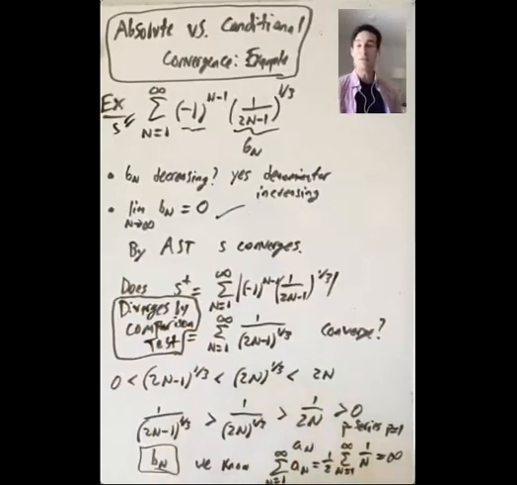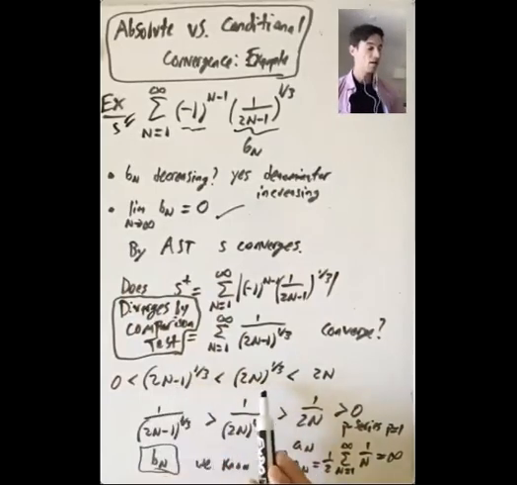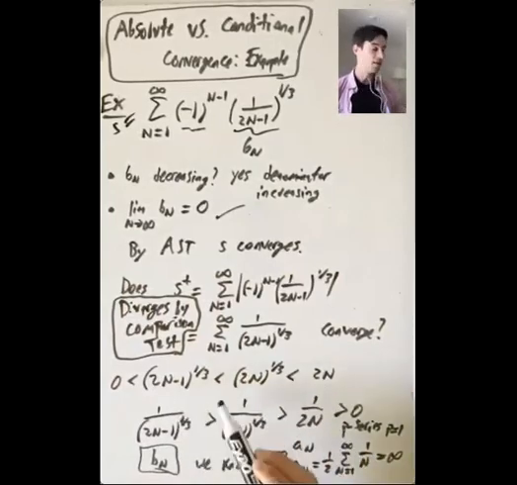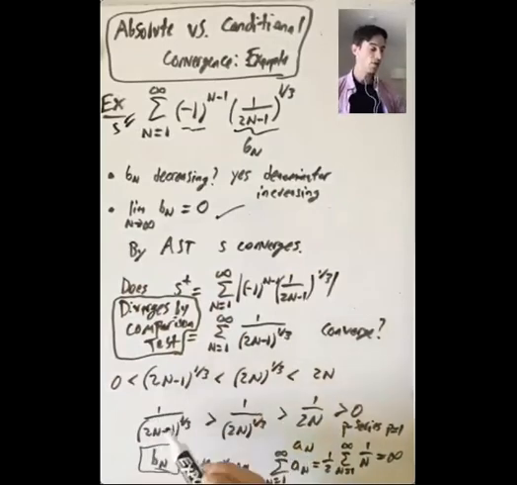I said the limit comparison test is usually easier to apply. But here, I actually think it is easier to write down the function in the denominator, compare it to things that are close to it but a little bit simpler. And then when you take 1 over those functions, you'll see that this works perfectly for the comparison test. So this is one of those cases where it's easier to apply the comparison test than the limit comparison test.